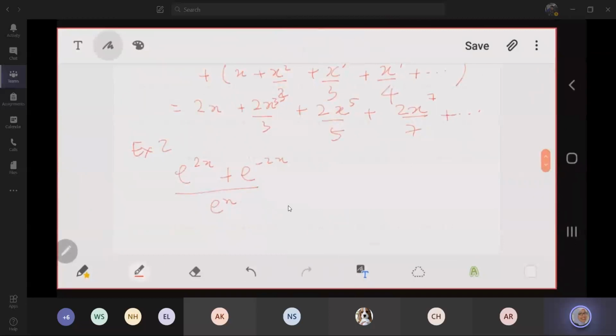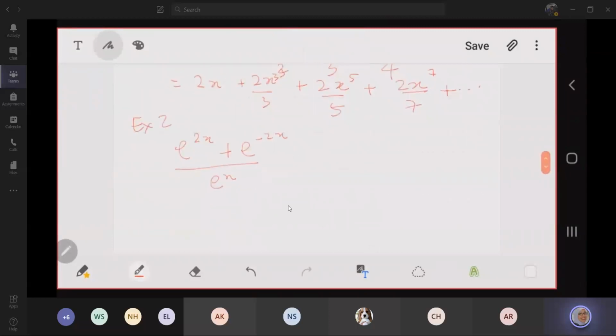So you want to find this thing. Expand this and we are going to get e to the x plus e to the minus 3x, isn't it?